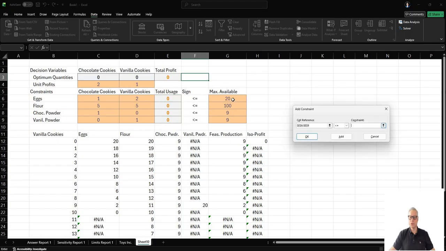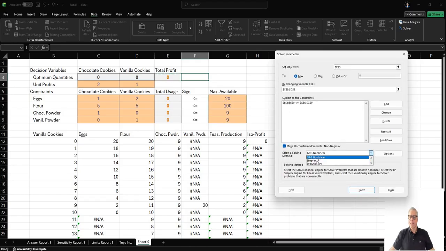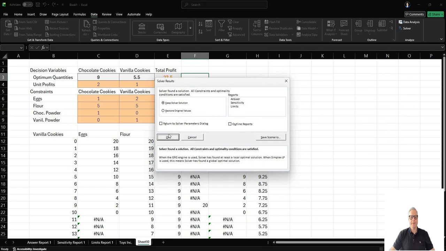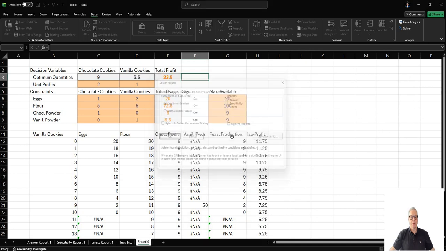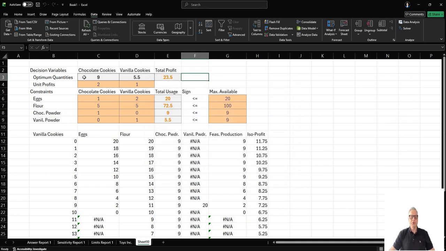Total usage has to be less than the maximum available, and I use the shortcut. And again, we want Simplex. So that should be it. And now we should see the optimum solution. Okay, so you see now the problem is that we will get 5.5 vanilla cookies, but we can't sell half a vanilla cookie. So we need an integer solution.